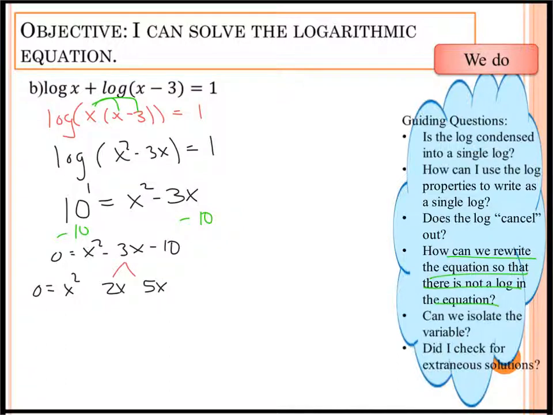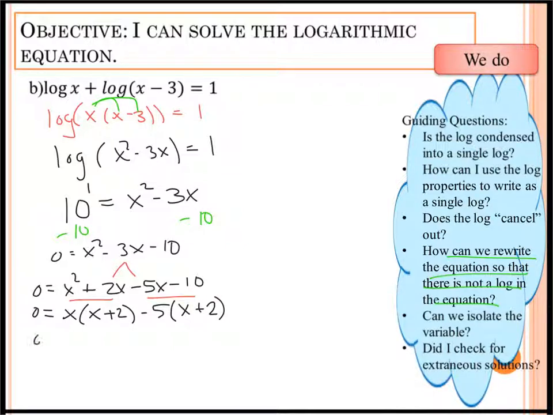And if I want them to multiply to a negative number and add to a negative number, then my bigger number needs to be the negative. And now I'm going to group them 2 and 2 and factor out the greatest common factor. So they have x in common for that first group. That's going to leave me with x plus 2. And then in that second group, they both have -5 in common. That's going to leave me with x plus 2.